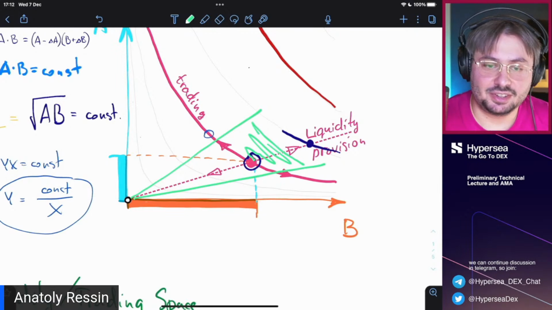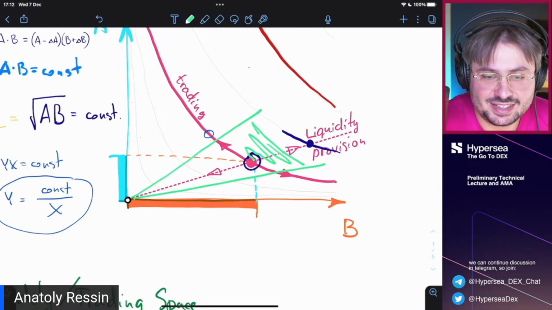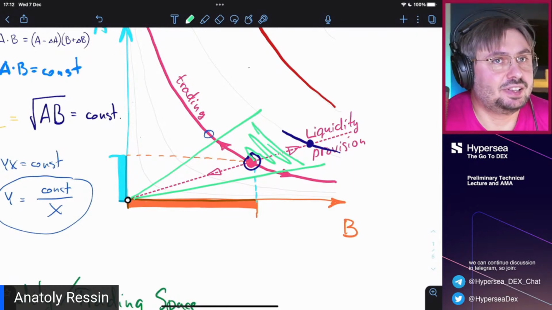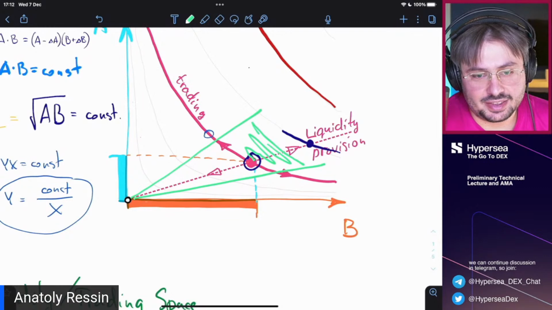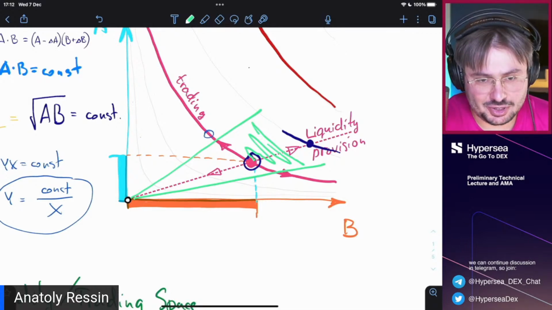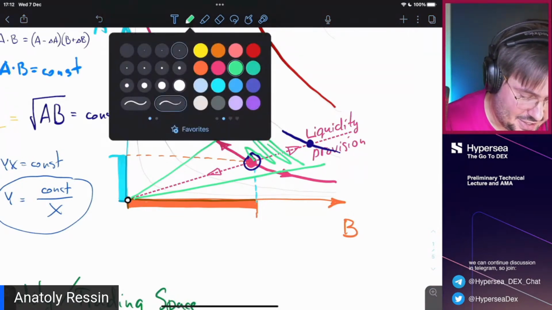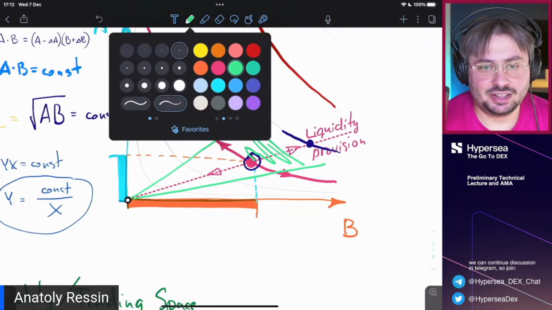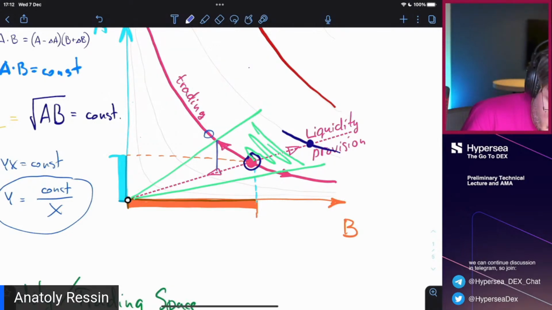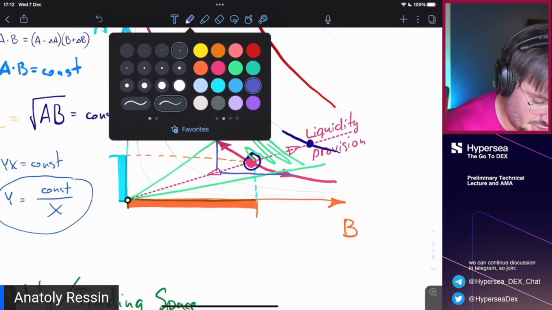So if, for example, you have an actual price range that is fluctuating somewhere here, it means that if you are providing liquidity for supporting such a level of slippage, you are using your capital inefficiently, because actually what you can provide is just a part of it.